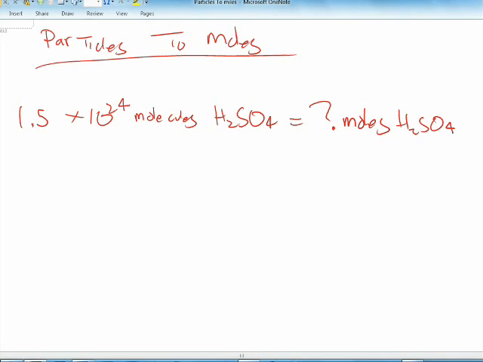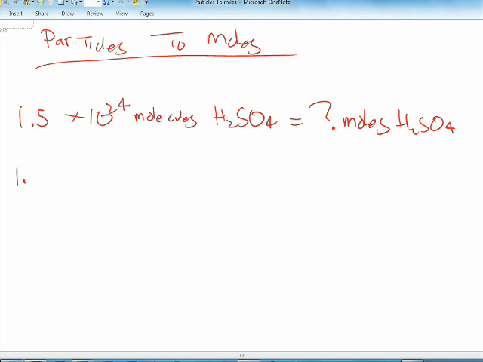It doesn't matter what you're doing it for. A mole is a mole. Now when we get to grams to moles, then we're going to definitely need the periodic table. But otherwise, it doesn't matter, because I could have 1.5 times 10 to the 24th molecules of zirconium or lactanium or kryptonium. It doesn't matter. We'll still get the same number of moles.